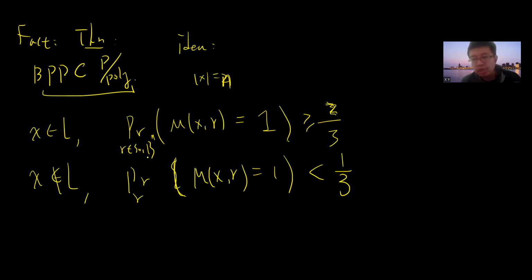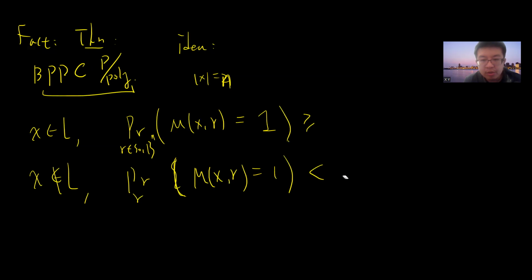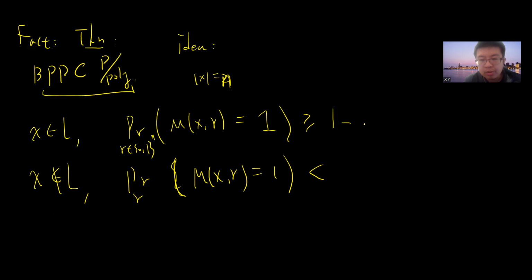You can just run your algorithm many times and take the majority vote. Then you can use Chernoff bounds to improve this probability so that the error is exponentially small. This means that you can change this to be in polynomial time, with success probability at least 1 minus 1 over 2 to the 2x, and error at most 1 over 2 to the 2x.